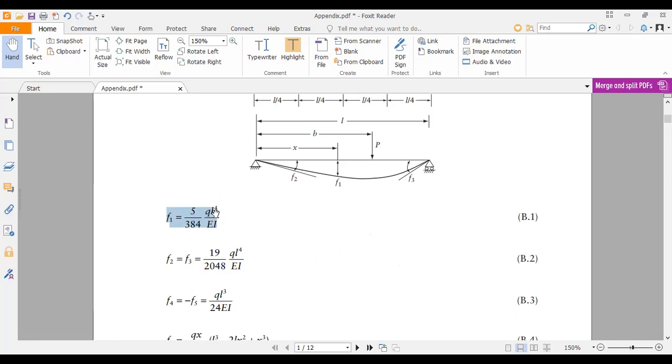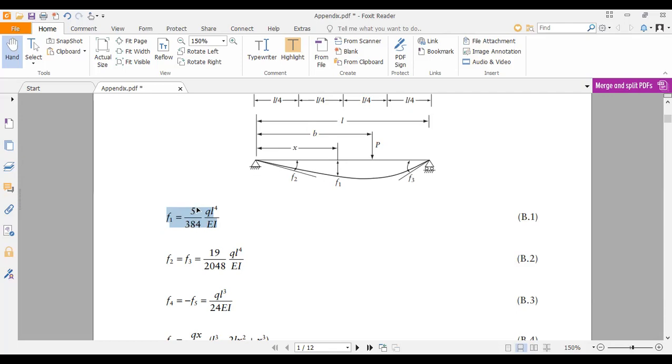Q is W and L is actually 2L. So you get 5WL to the power 4. So that means 2 to the power 4, 2, 3, 8, 4. So once you plug this in, you will end up with 5 over 24 because this L is actually 2L. So 2L to the power 4 means 16L4. That 16 is getting cancelled with this 384.